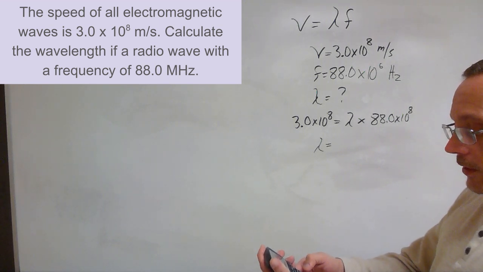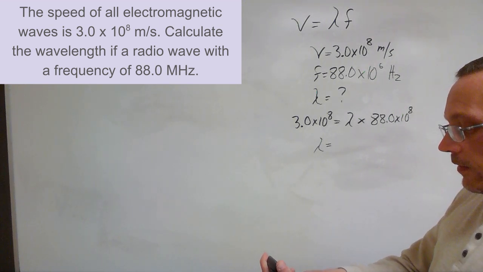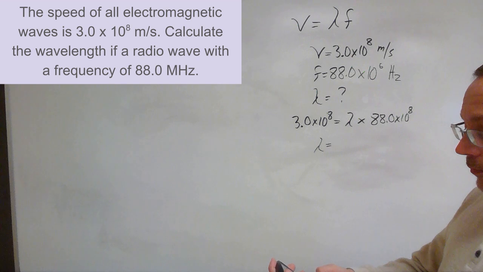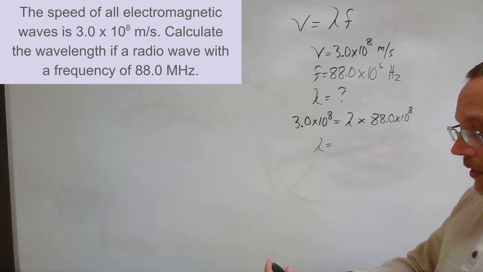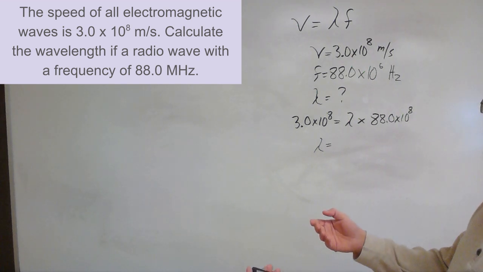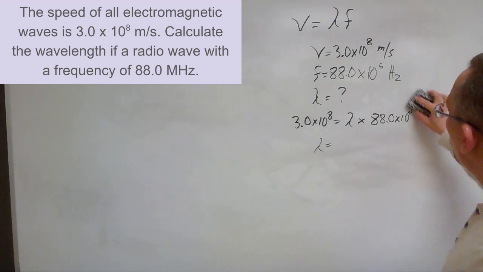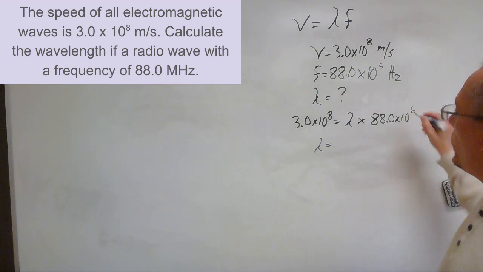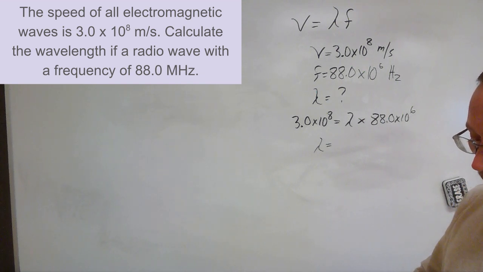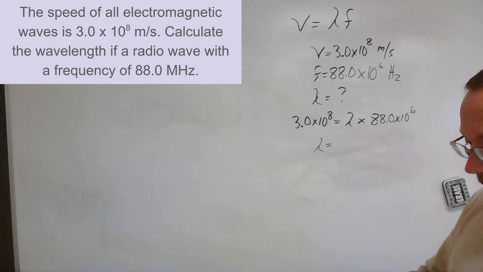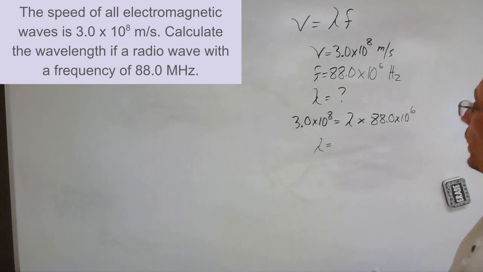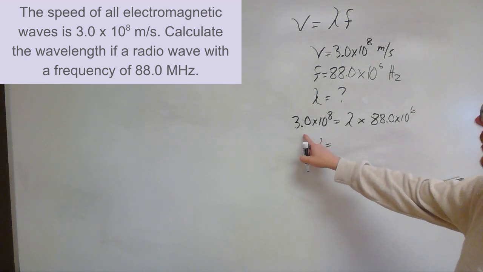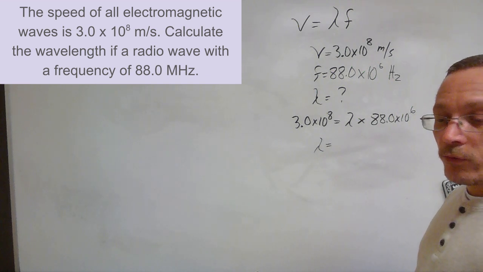So 3.0 times 10 to the 8th divided by 88.0 times 10 to the, oh, I'm sorry, that's 10 to the 6th. All right, and we need what, 2 significant figures? So I get 3.4.